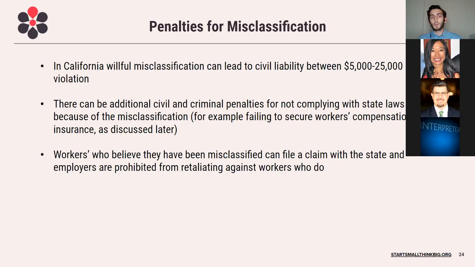And workers who believe they've been misclassified are allowed to file a claim for that misclassification with the state, and employers are not allowed to retaliate for that. We're going to discuss this a little more later, but one of the laws is, if somebody is classified as an employee, then the employer must purchase workers' compensation insurance for them.